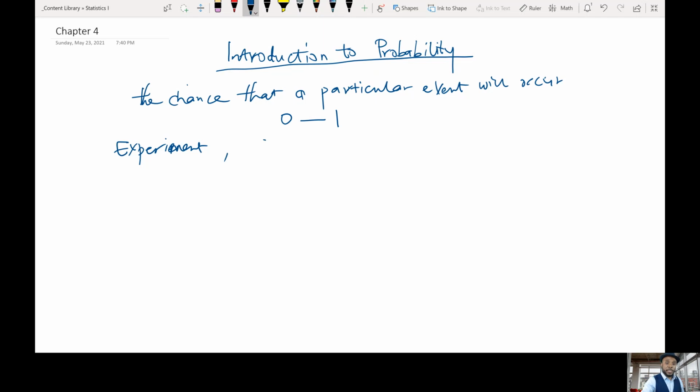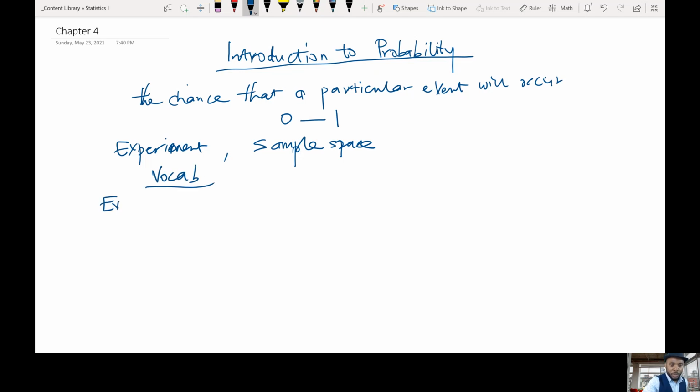And I would also use the term sample space as well. So a sample space is the collection of all outcomes that can result from a selection, decision, or experiment.